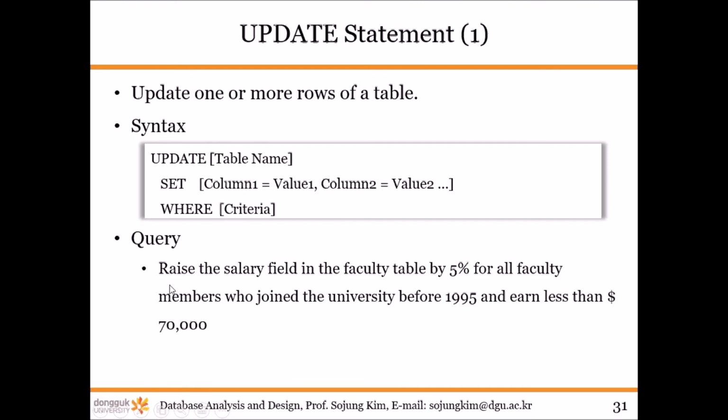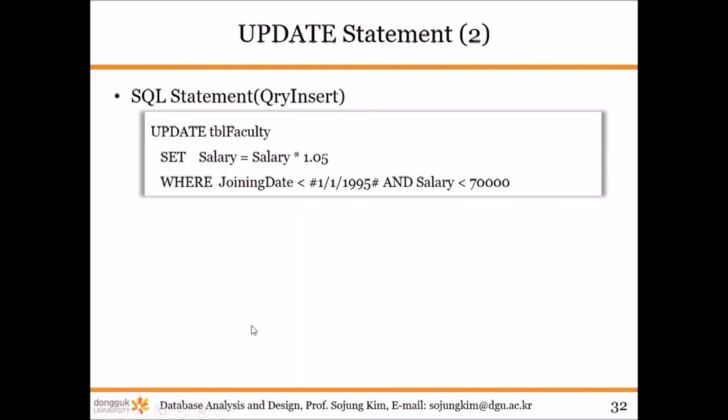We want to raise the salary field in the faculty table by 5% for all faculty members who joined the university before 1995 and earn less than $70,000. Increase the salary by 5%. That's good news, right? So how can you do that? You can multiply by 1.05, which is 5%, and multiply this value by salary so that you can get the new salary.